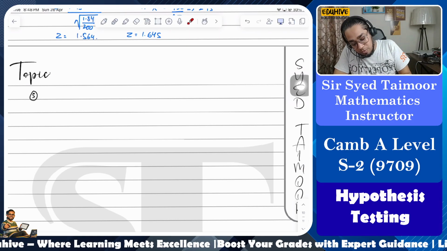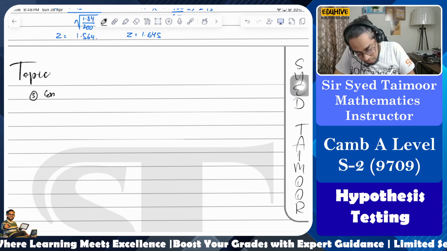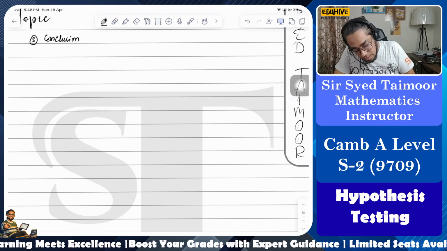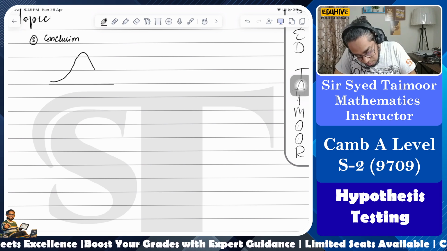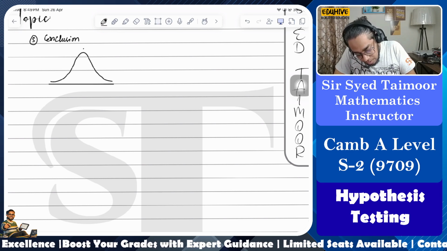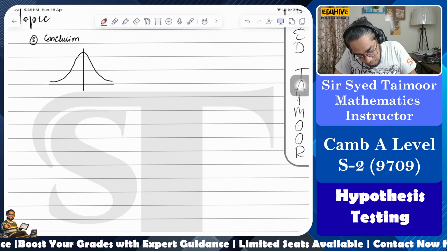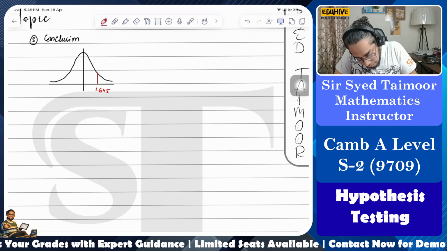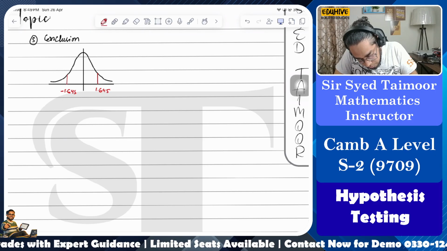If you just go for the conclusion, yes, the conclusion is very simple, no? I will draw the normal curve, and so here, and this portion was 1.645, and this was minus 1.645.